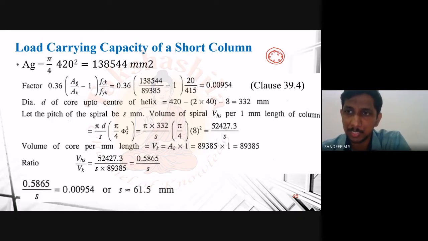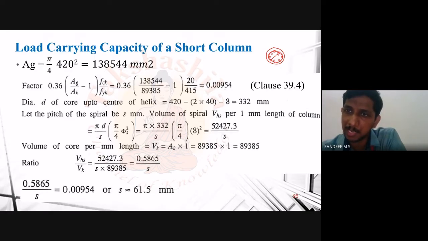So basically what we are doing is that we are just finding out the diameter from the center of the thickness of this tie to the other side. So here also we have a center, here also we have a center. I hope you got the concept. So the diameter D of the core up to the center of the helix is equal to 420 minus 2 times 40, that is the clear cover on both sides, 40 here, 40 here.